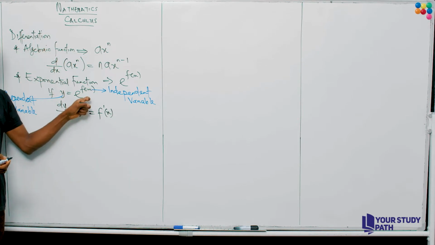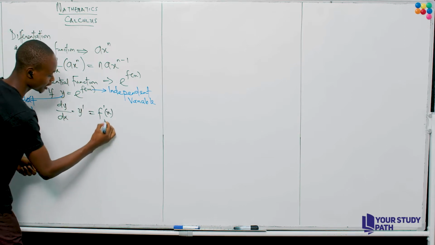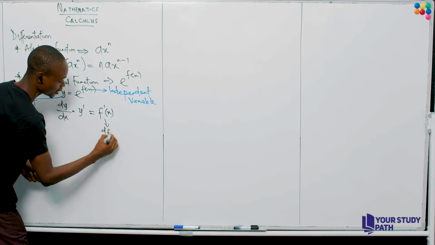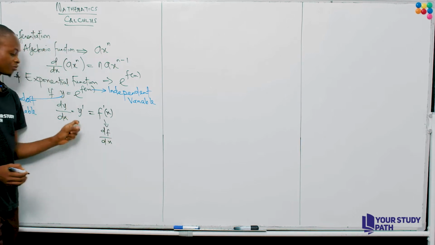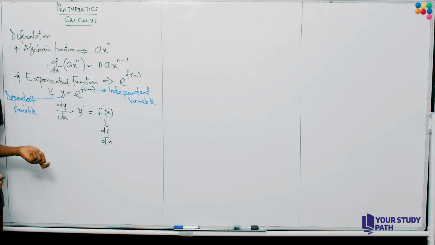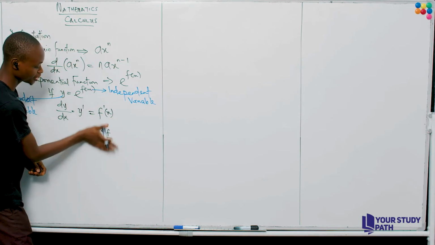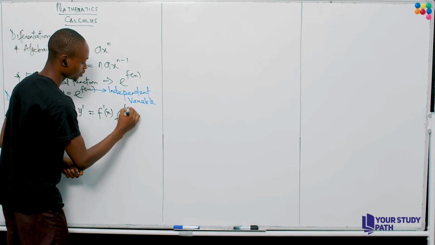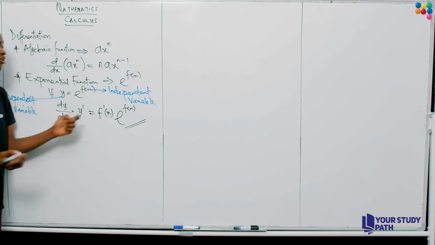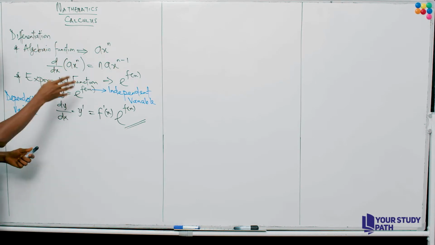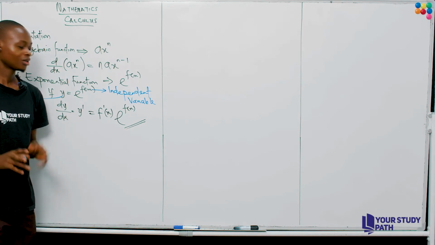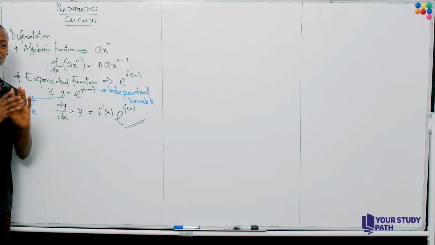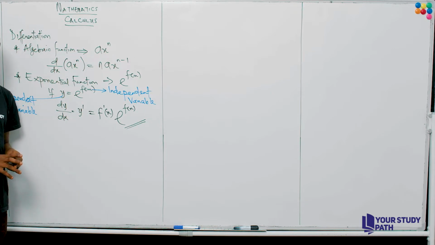That is the differential of the power f of x. Of course, you can either write it as f prime of x or write it as df/dx, as the case might be, just like we have written this. And then once you have differentiated the power, multiply by the original exponential function. And you would say you are done with your differentiation for this exponential function. Simple, straightforward, direct, straight to the point.